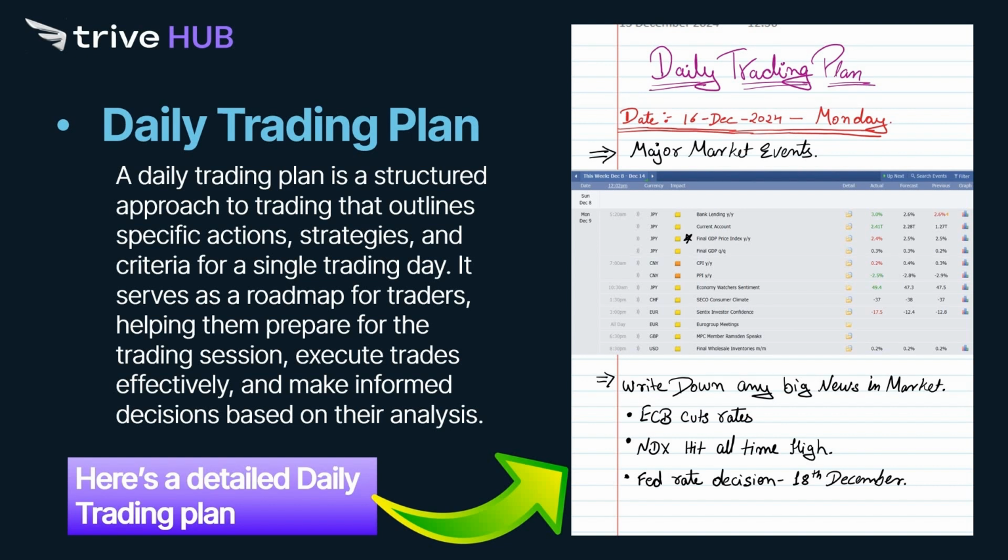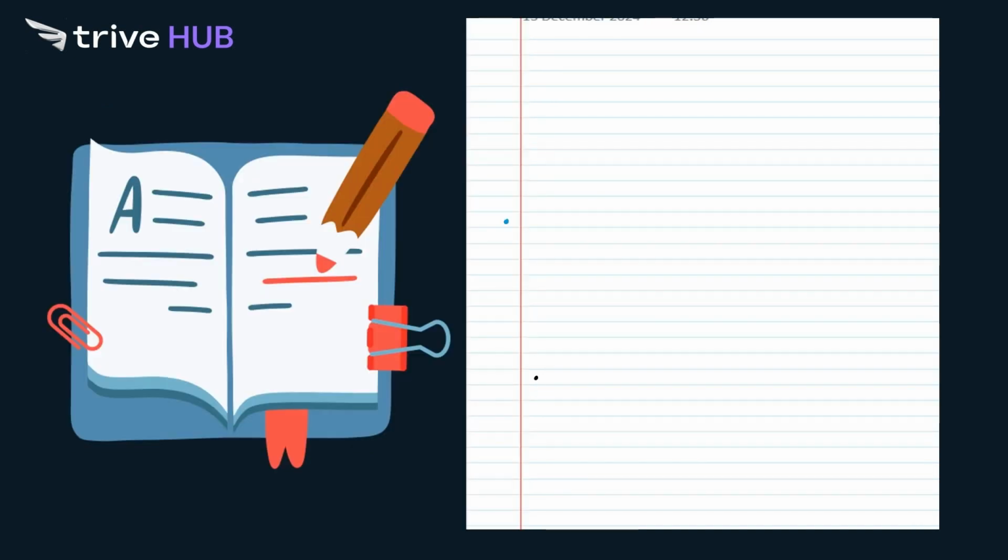If the economy as a whole is impacted, then we know very well that it will be reflected in the currency pair also. That is why you need to initiate your daily trading plan from major market events to big news first.